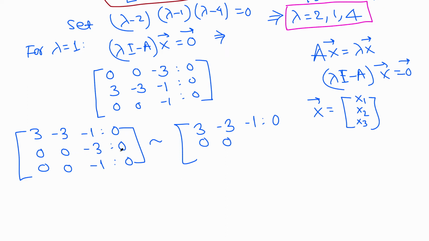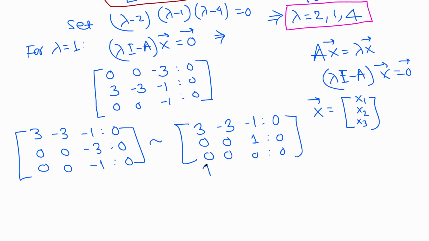So we can divide by negative 3, so that this becomes 1. If I multiply each by negative 1/3, which is the same as dividing by negative 3, I'm going to get 0, 0, 1, 0, and when we have 1 here, then we add, we get 0, 0, 0, 0.